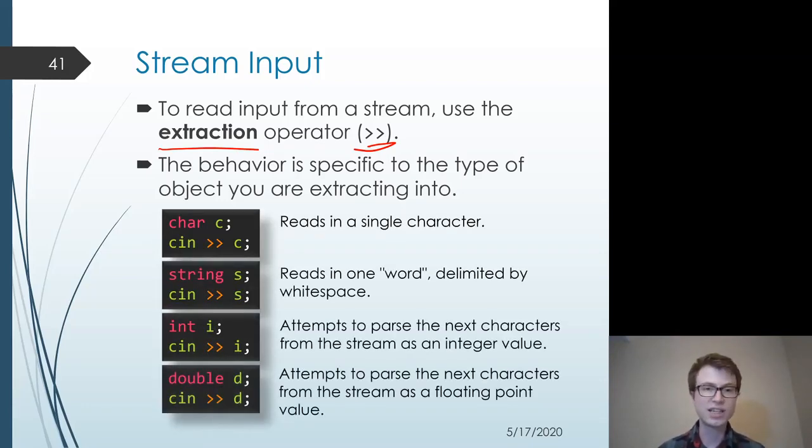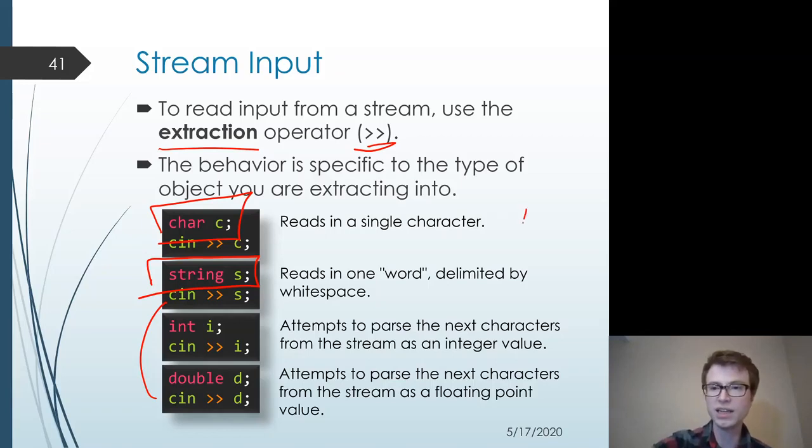So for several different examples, if we're reading characters, we only get one single character from the stream, but if we're reading into a string variable, then it's going to read in a whole word at once up to the next piece of white space. Or if we're reading in numbers like integers or doubles, then the input operator is going to attempt to interpret the character data that we get from the stream as if it were a number. So instead of reading in, for an int, the characters 437, it would read in the integer value 437 for us.